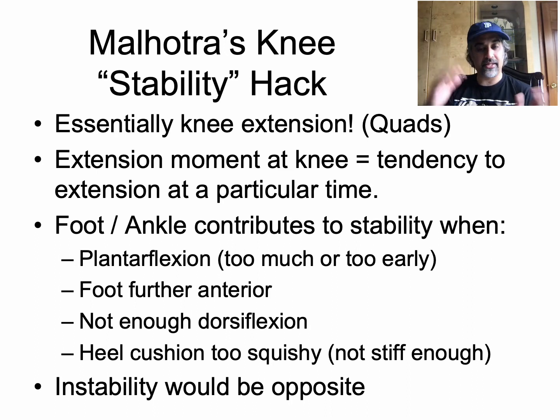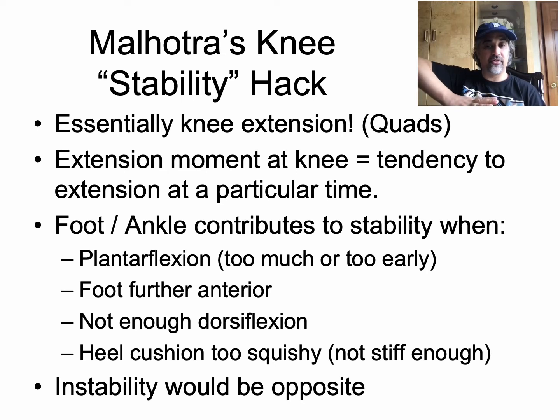So I've put together all the things that contribute from a prosthetic standpoint to knee stability when we're talking about the foot and the prosthetic foot and ankle. If there's more plantar flexion at the ankle, or it occurs too early, that will contribute to knee stability. If the foot is placed further anterior, it's kind of the same thing as having a long lever arm, right?